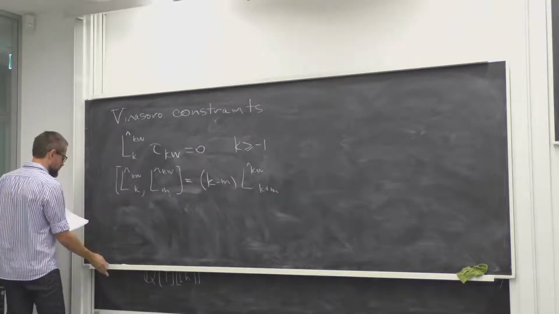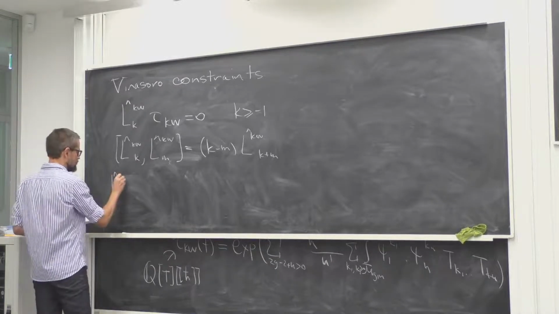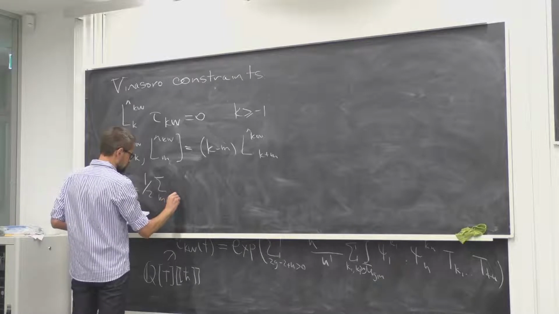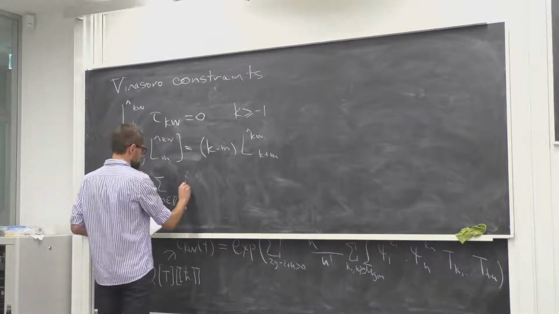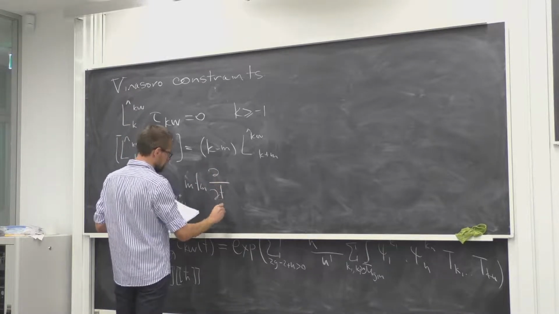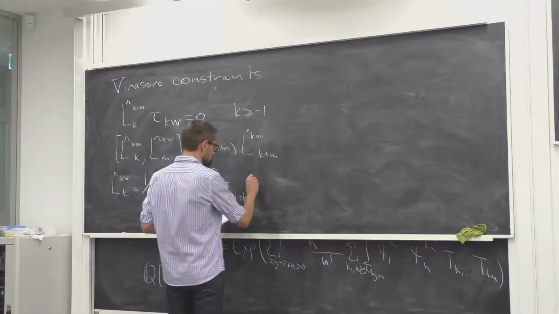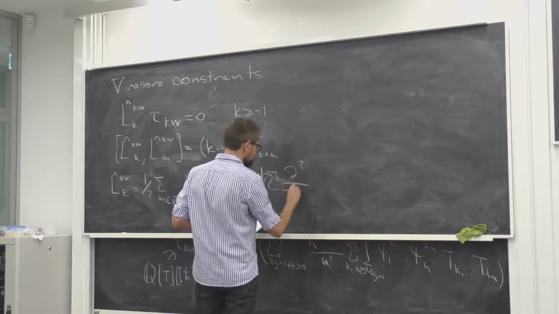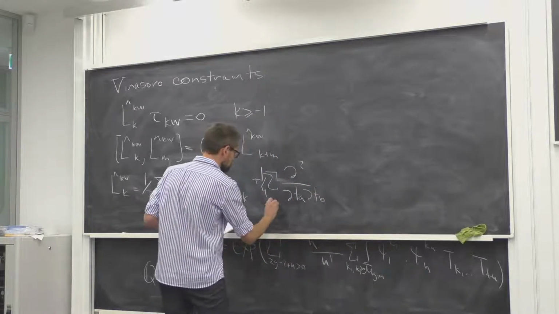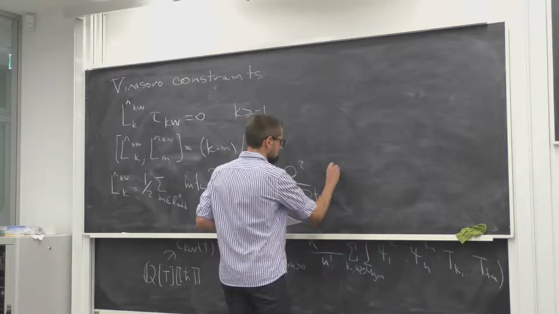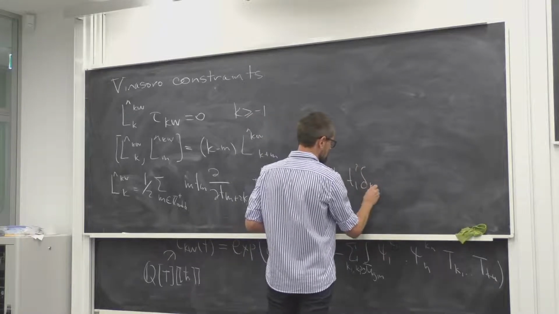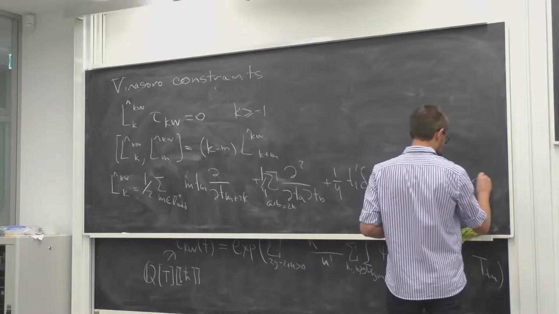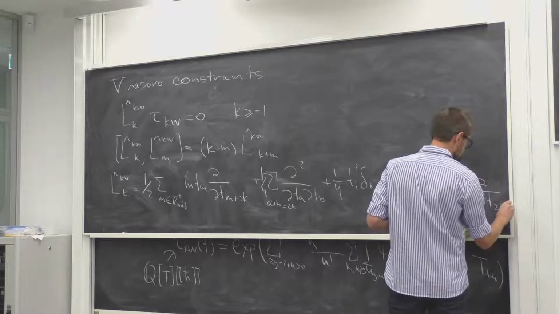Let me write them explicitly. One half of the sum over odd positive m of t_m d over dt_{m+2k}, and so on.